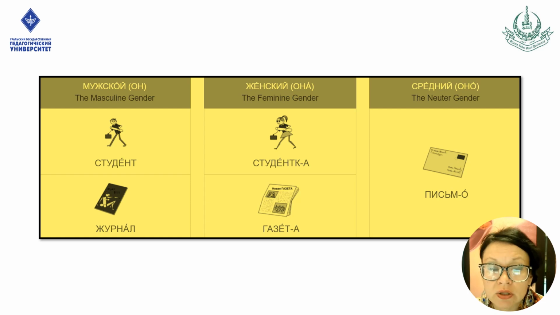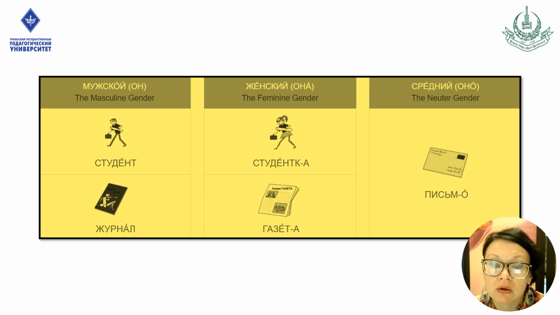And the neuter gender, письмо, оно. Here we have this o ending, and it's obvious that o points to neuter gender in Russian.